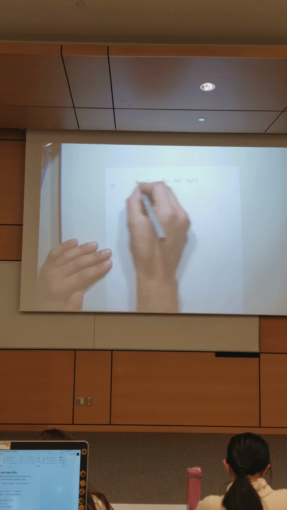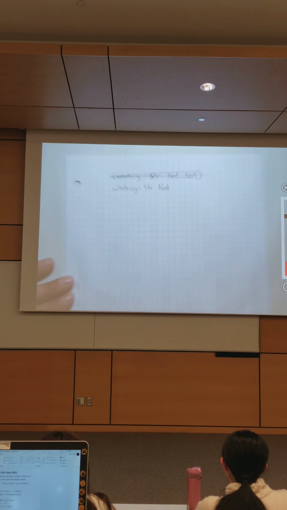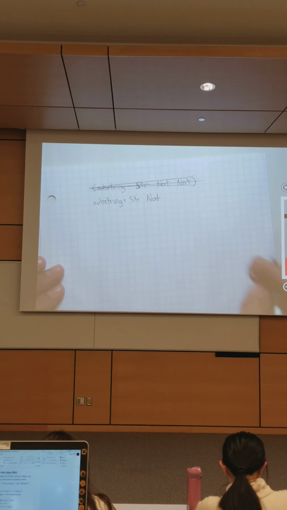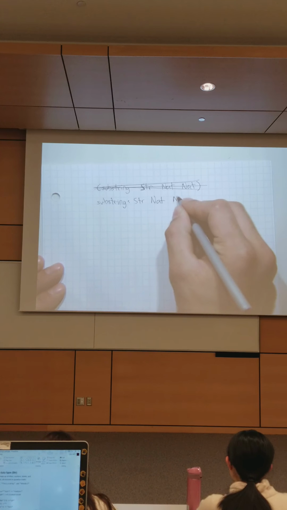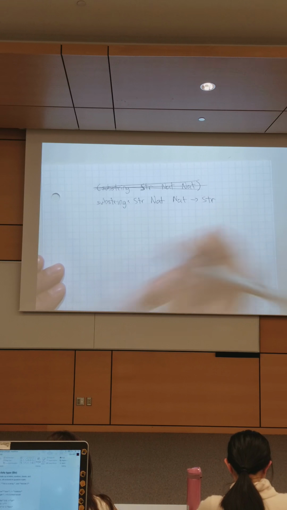Actually, that's not a contract. This is not a contract. The contract would be substring, colon, it consumes an str, a nat, let's zoom in here. It consumes an str, a nat, and a nat, and it outputs an str.